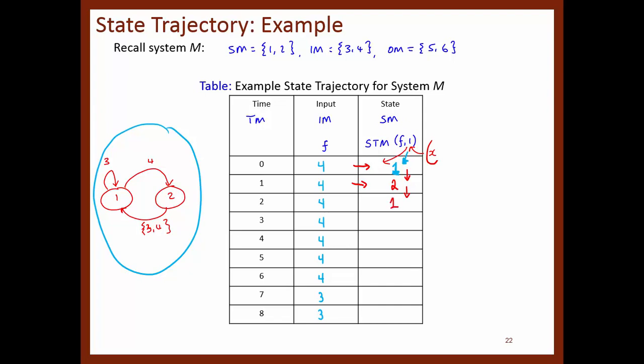You go back to 1, right? If you're in 1 and you receive an input of type 4, then you go to 2. If you're in 2 and you receive an input of type 4, then you go back to 1.